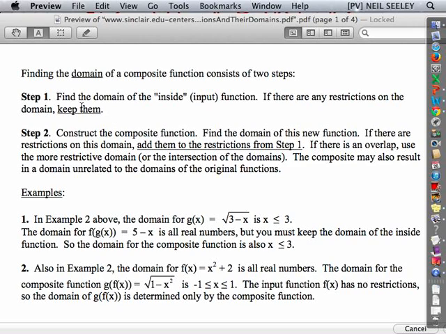Keep them. Then step 2, construct the composite function, and the domain of this new function, you simply add those restrictions to the ones you already have. Well, this 2 to the radical x plus 1 doesn't add any restrictions. It has the same ones. So we just keep the same domain restriction, -1 to infinity.